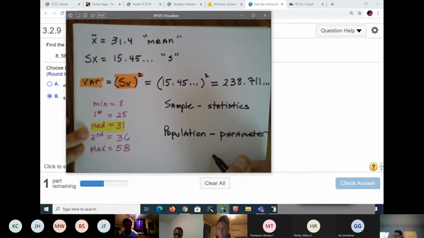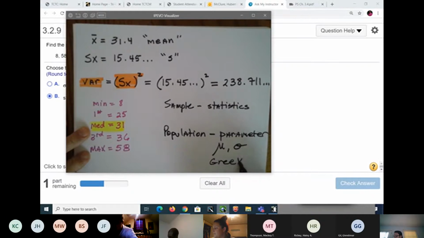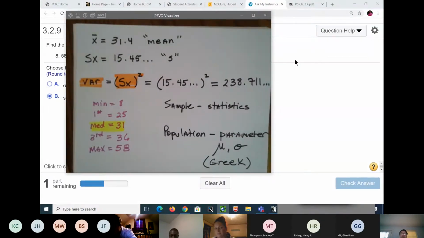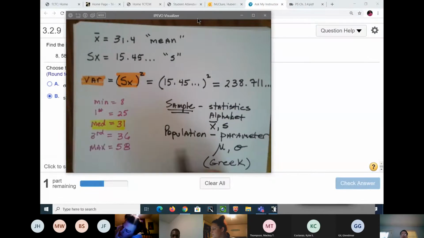So that'd be like mu and sigma. I told y'all this in chapter 1: if you see Greek letters, that has to do with the population. If you see regular letters, alphabet, x bar and s, that means the sample.